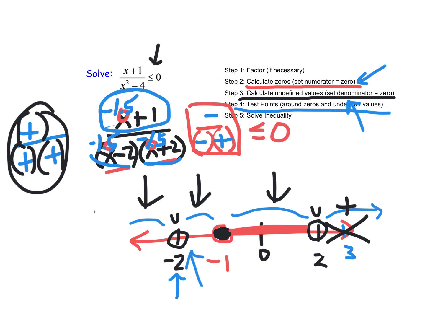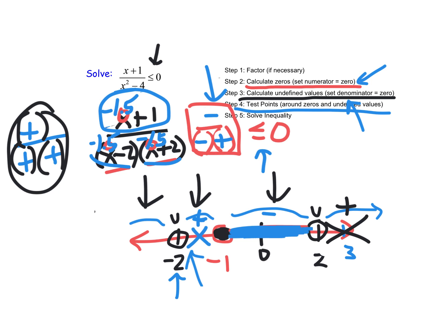That's going to have 2 negatives in it, which means the answer to this whole thing comes out positive, which is not less than or equal to 0. So this area does not work because it comes out positive in there. Sorry about that. This area came out negative, and that's what we wanted, and so we filled it in.